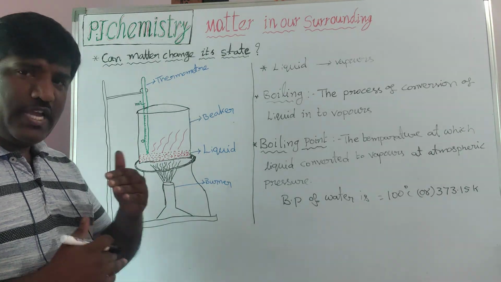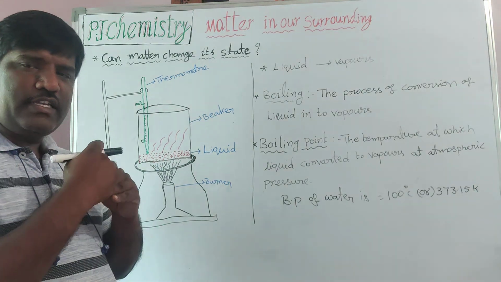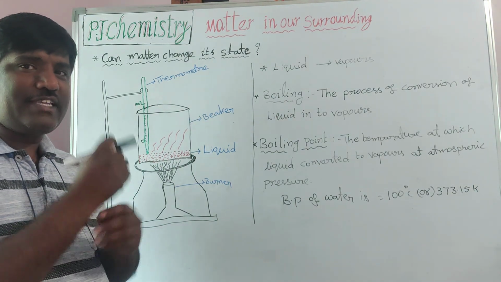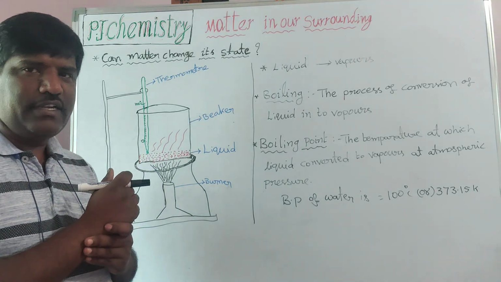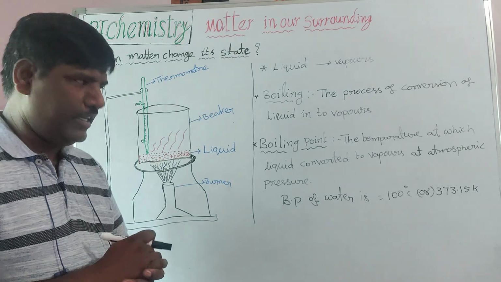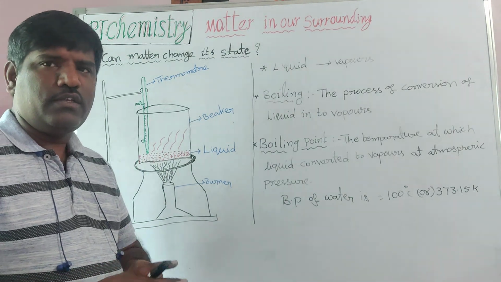That means the heat we supply from the start until reaching the melting point or boiling point is hidden heat. That is what we call latent heat. Hidden means latent heat.